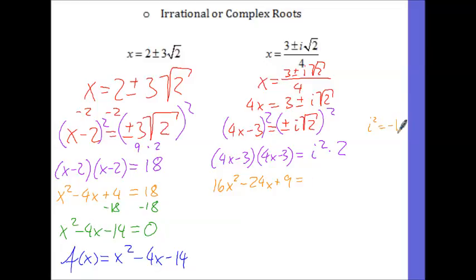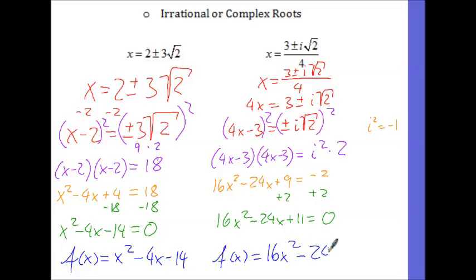So negative 1 times 2 is negative 2. And in our last step, just add 2 on both sides to get 16x squared minus 24x plus 11 is equal to 0. And here goes our function. f of x is equal to 16x squared minus 24x plus 11.